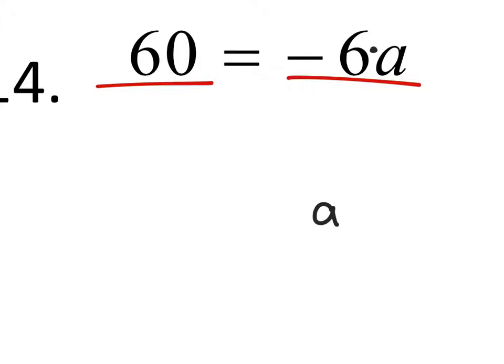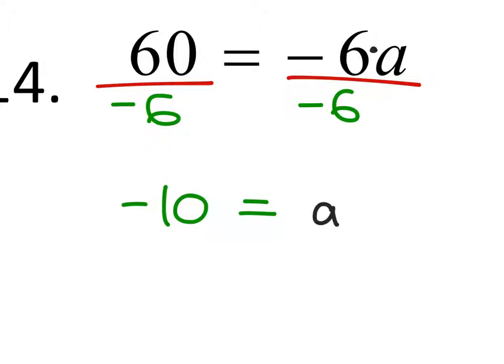Instead of multiplying, we would divide. Anything divided by itself is 1. So if I divide that by negative 6, I do get that 1a. And then I got 60 divided by negative 6, which would be negative 10. And again, we can check that. Negative 6 times negative 10 is negative 60, so that checks off.